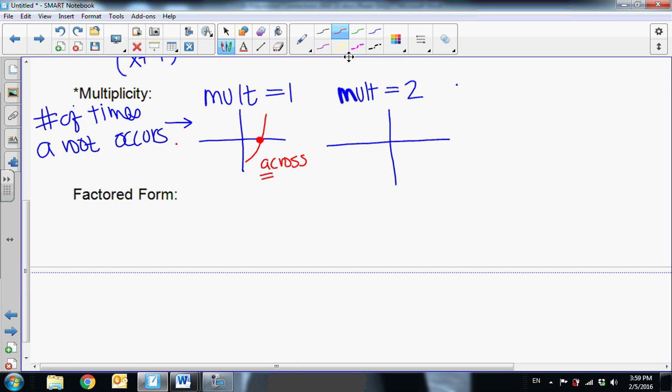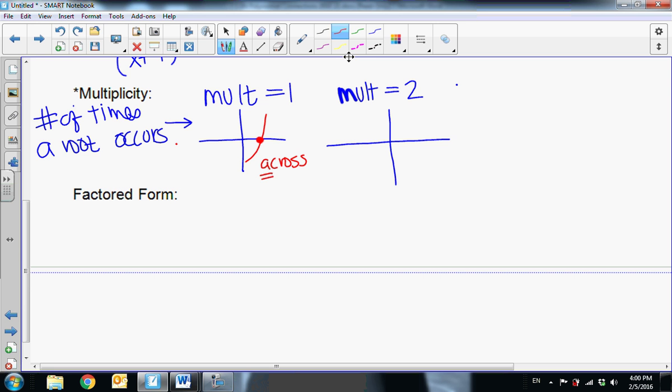Back when we learned quadratics, we said the phrase, it either has 0 roots, 1 root, or 2 roots. But we know now that a quadratic is a second degree polynomial, right? So how many roots does it have to have? 2. Second degree, 2 roots.